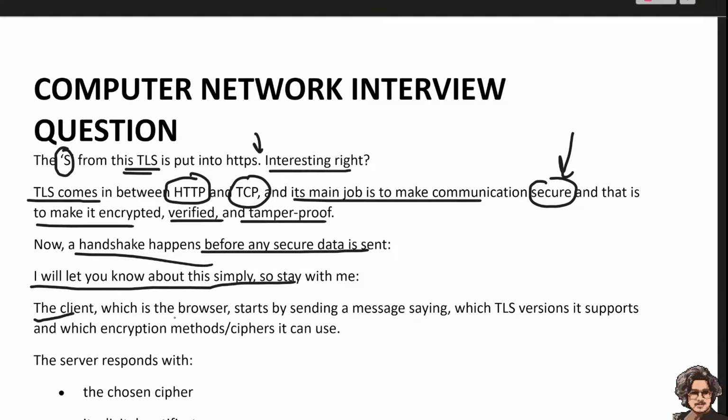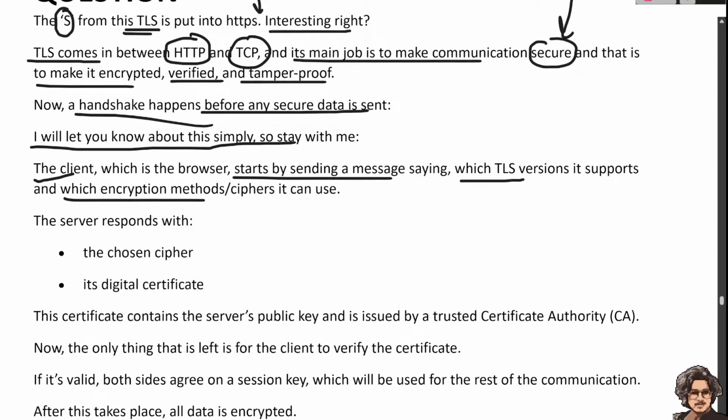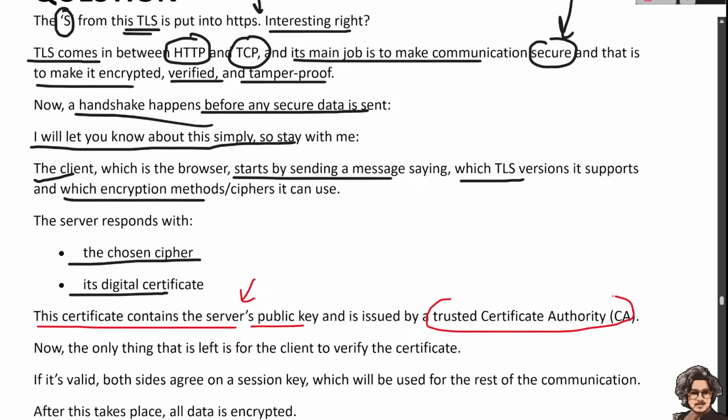The client, which is the browser, starts by sending a message saying which TLS version it supports and which encryption methods and ciphers it can use. The server responds with the chosen cipher and a digital certificate. This certificate contains the server's public key and is issued by a trusted agency, the CA, the certificate authority.